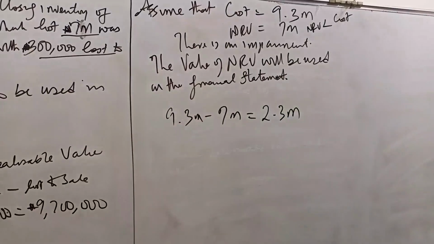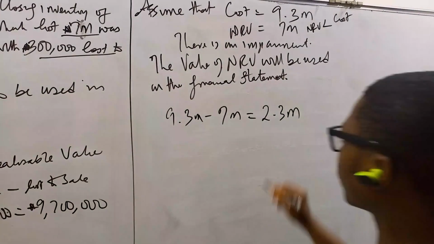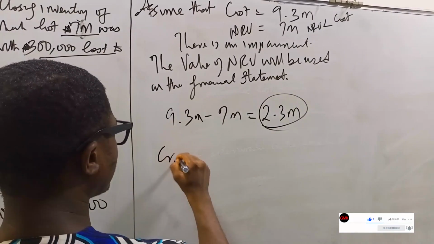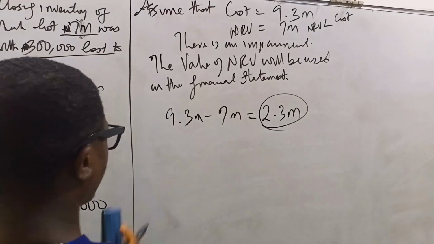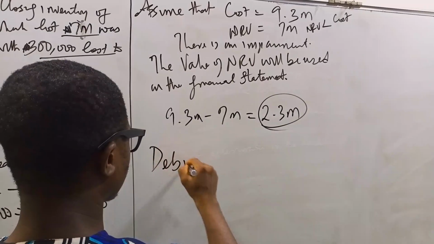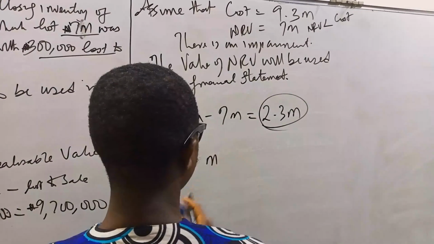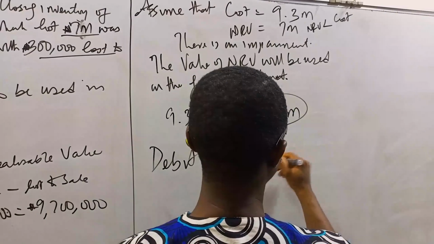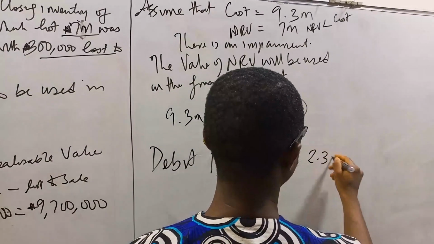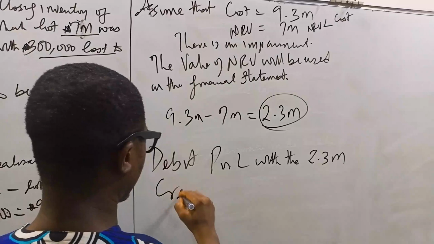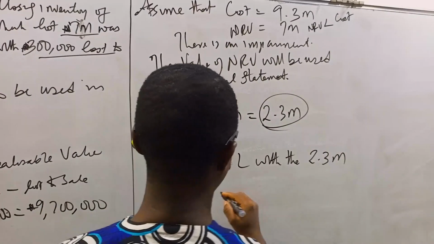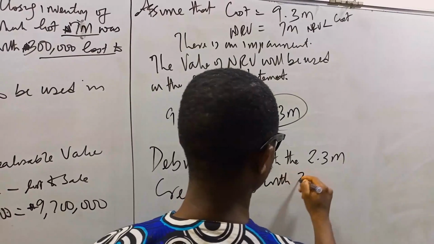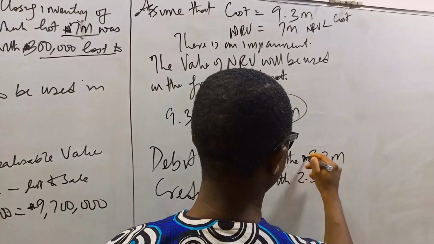So what do I need to do here with this 2.3 million naira? Is to credit. Okay, let's debit first. Is to debit profit or loss with the 2.3 million naira, and credit inventory with 2.3 million naira.